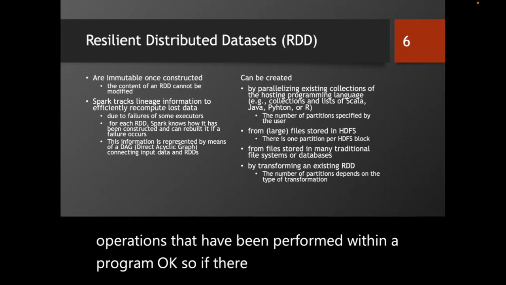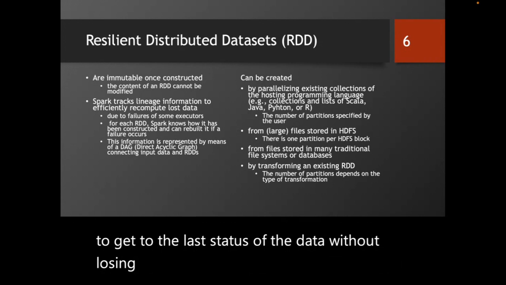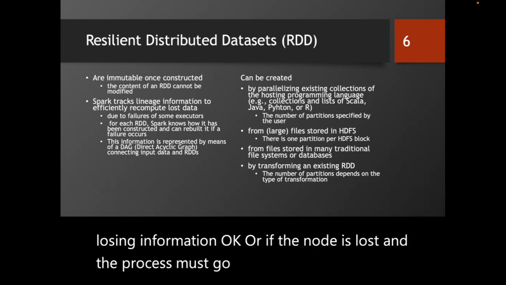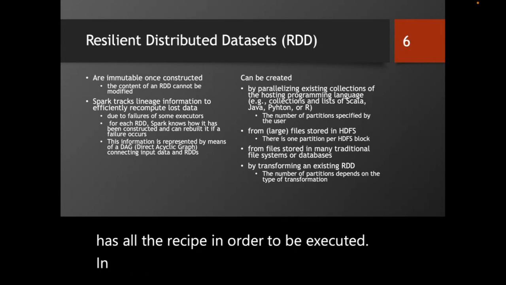So if there is a fault, it knows how to get to the last status of the data without losing information. Or if the node is lost and the process must go to another node, it has the whole recipe to be executed in order to find a consistent state.